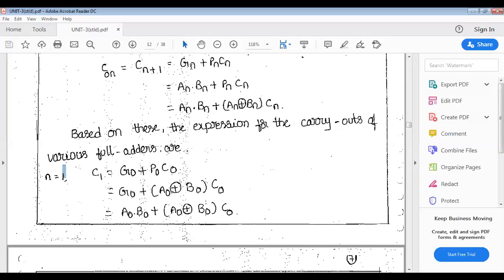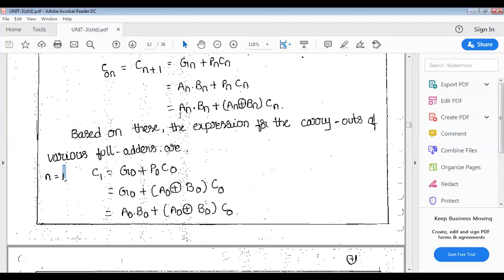C1 is equal to, n is equal to 0 means G0 plus P suffix 0 and C suffix 0.